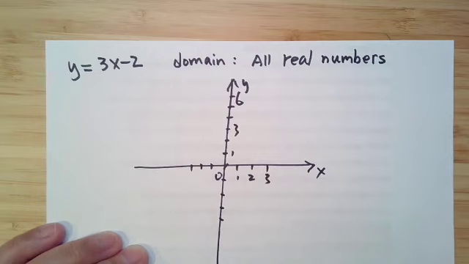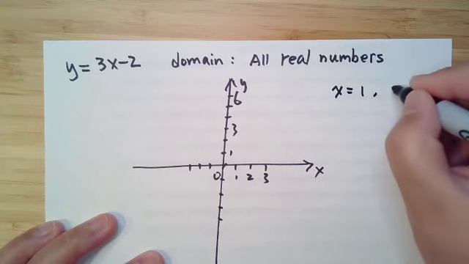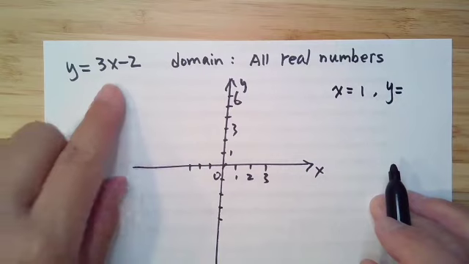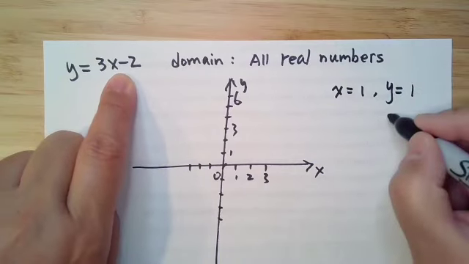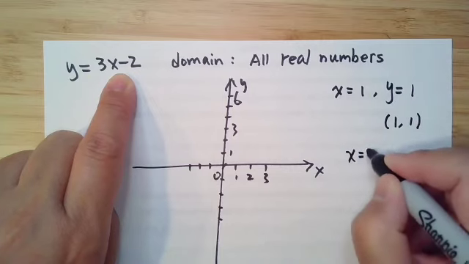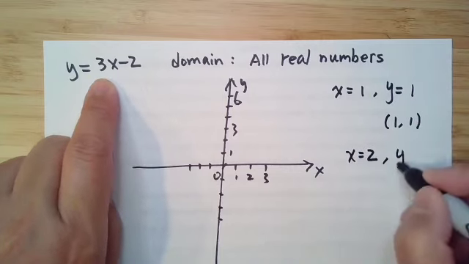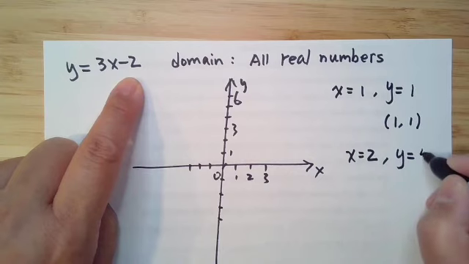I know this is a linear equation, and it's going to be a straight line. If you have 2 points, then you can draw the straight line. So let me make x equals 1, and then y will be 3 times 1, which is 3, minus 2, so y will be 1. And for x equals 2, y equals what? 3 times 2 is 6, minus 2, you get 4.